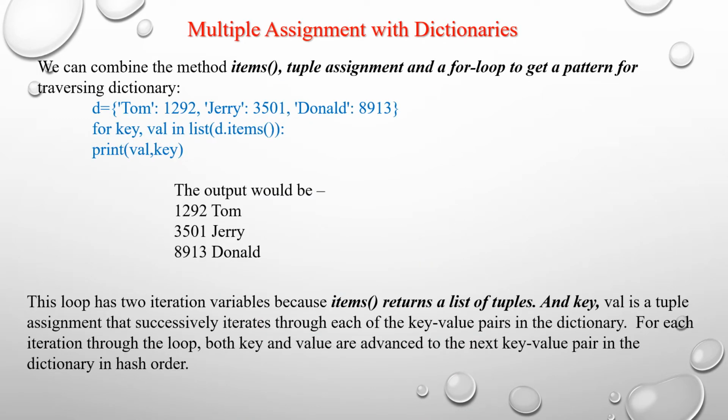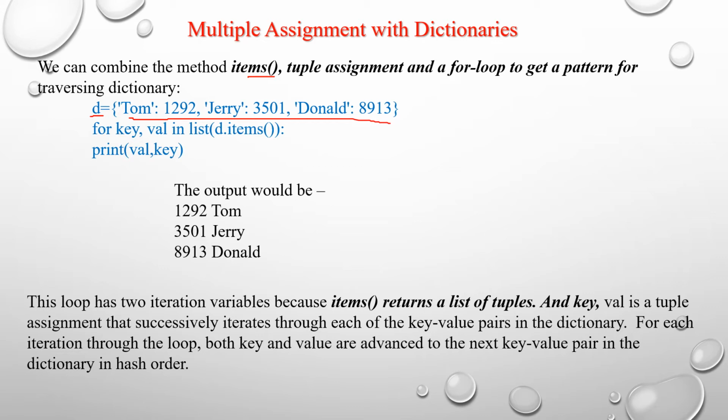We can combine the method items, tuple assignment and a for loop to get a pattern for traversing dictionaries. So for example, let's consider d is equal to, this is my dictionary variable name, and these are my dictionary items.